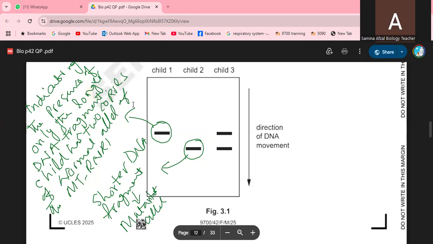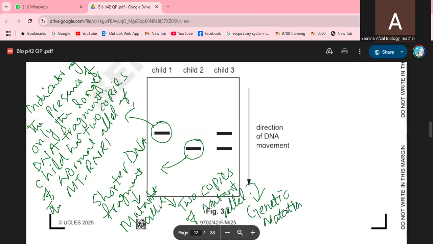That suggests that child 2 has 2 copies of the mutant allele. This child has the genetic mutation. And child 3 has both, it shows 2 bands.